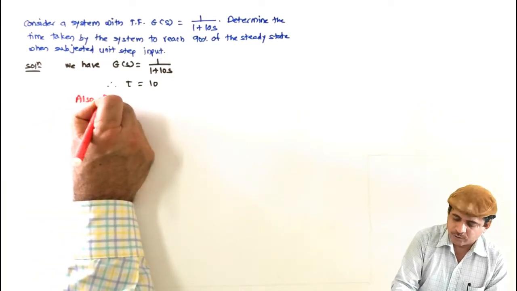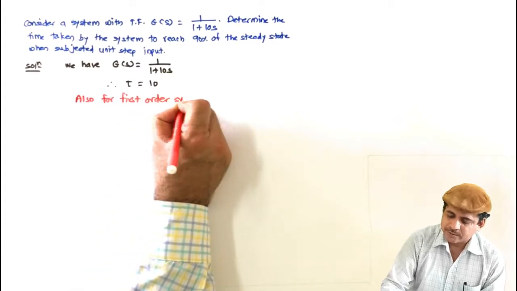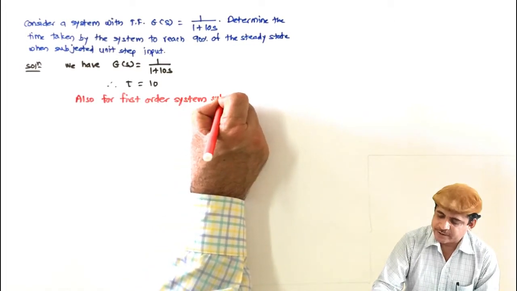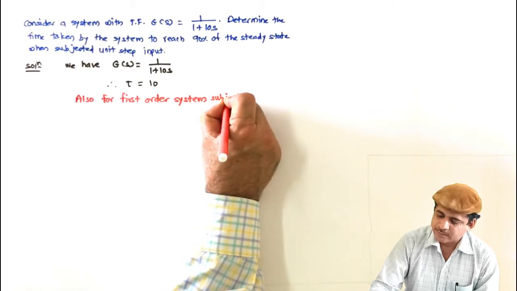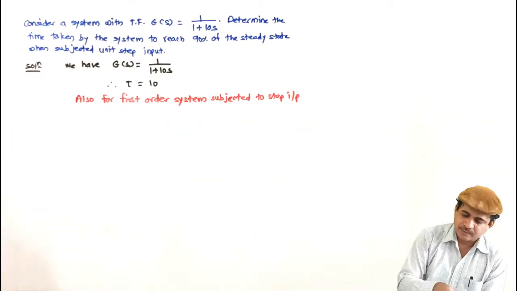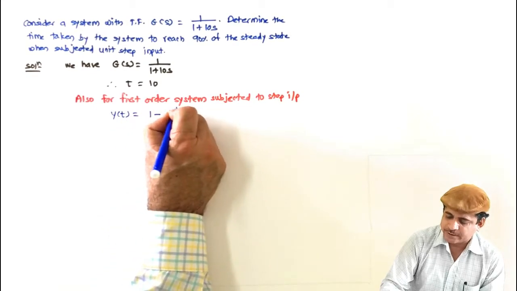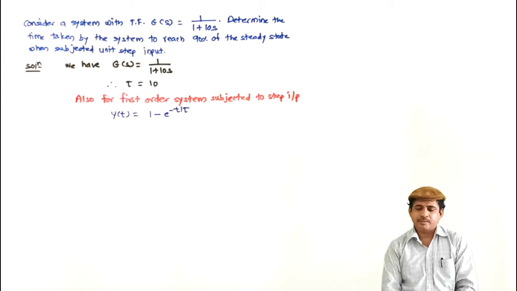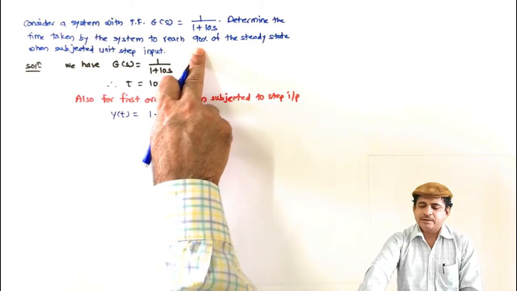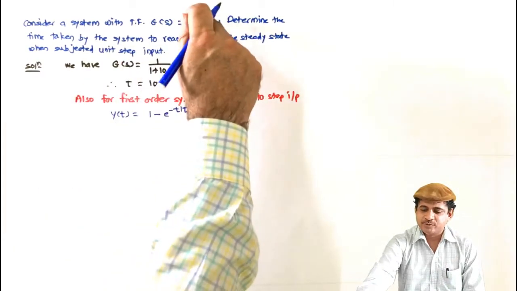Also, for a first order system subjected to step input, y of t is equal to 1 minus e raised to minus t by tau. Now here we have to find out the time when output is 90% of the steady state. So final steady state is 1 because this is a unity gain system.